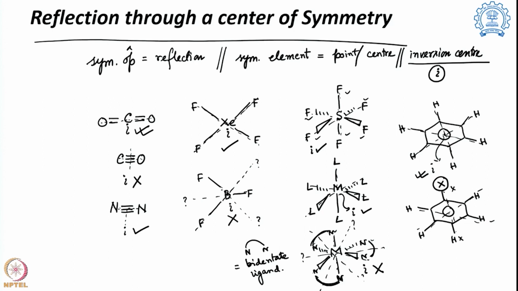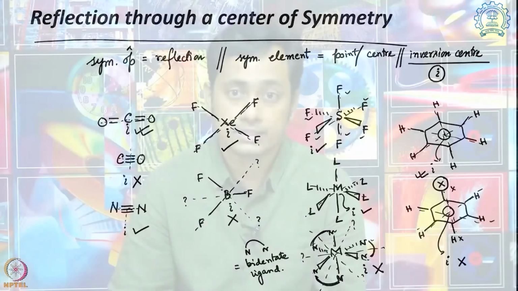So, that is why the center of symmetry is not present over here. Each and every portion has to match. It is not like only a partial position is matching. We cannot say that. We have to match each and every portion of it. So, that is known as a reflection through a center of symmetry.